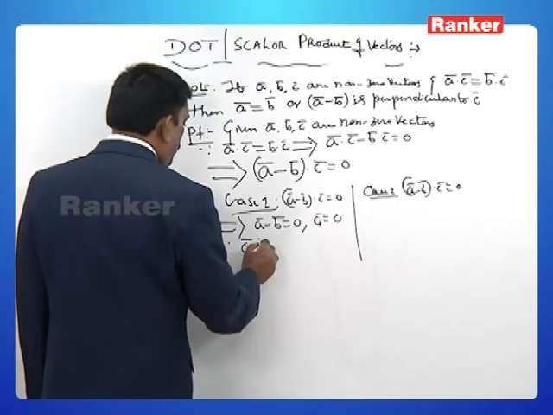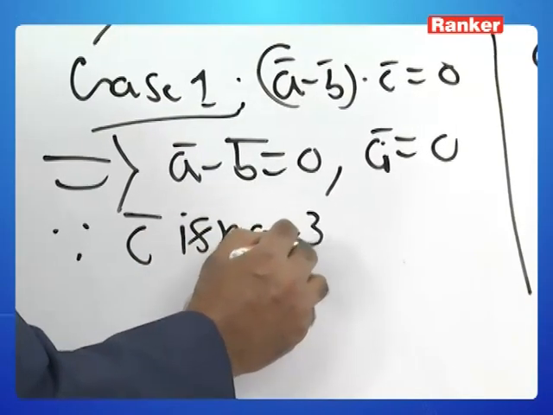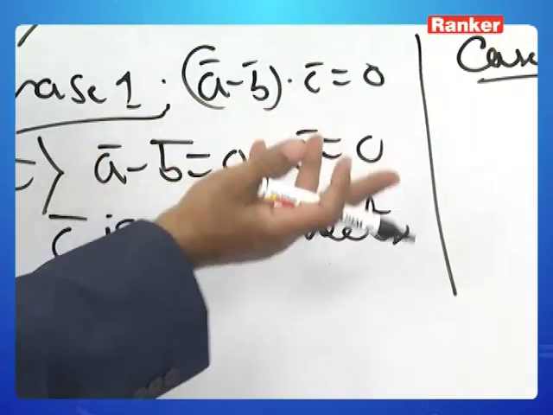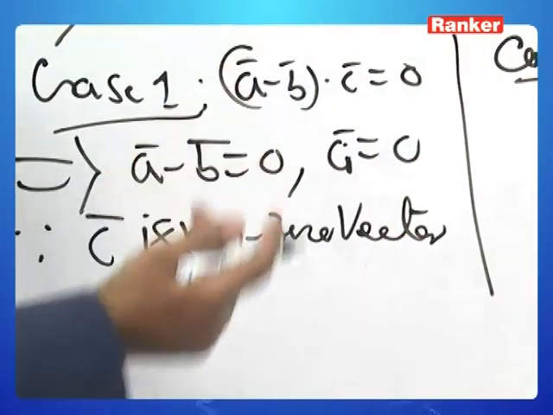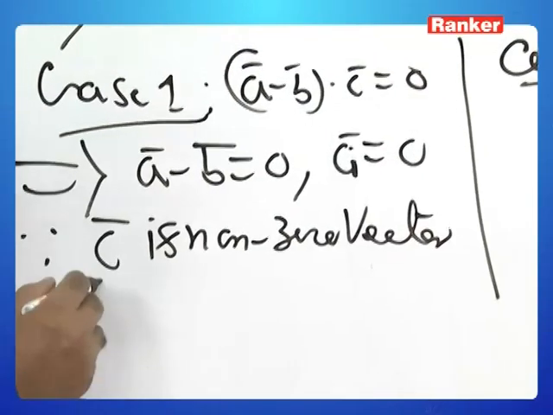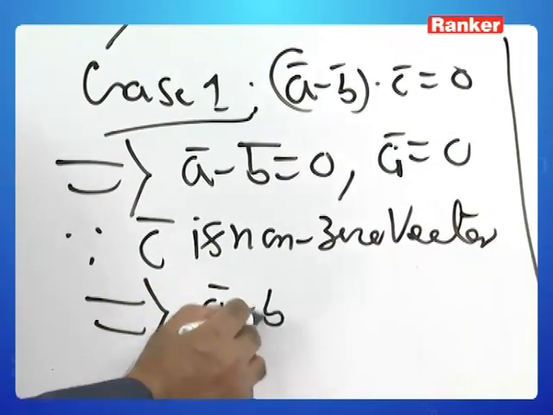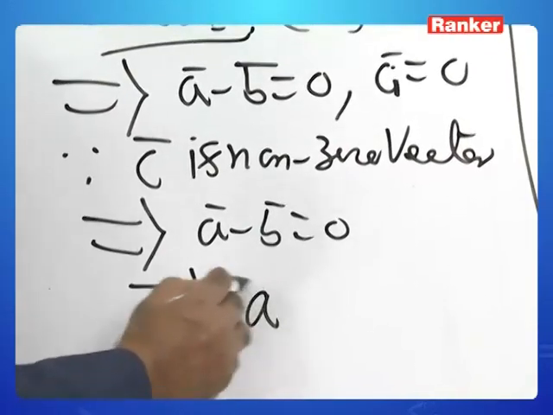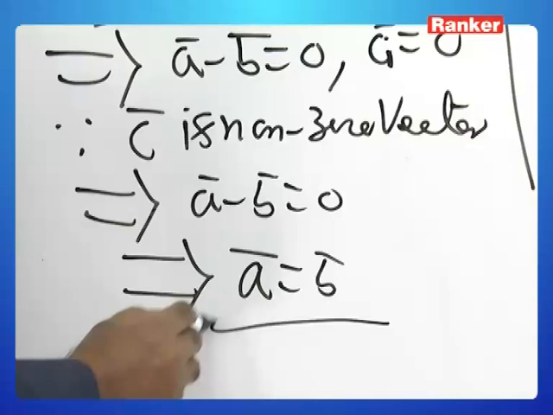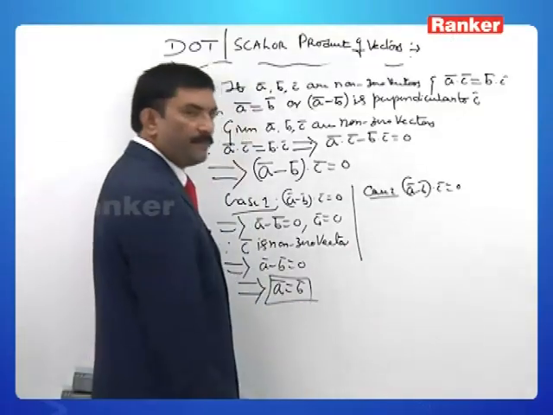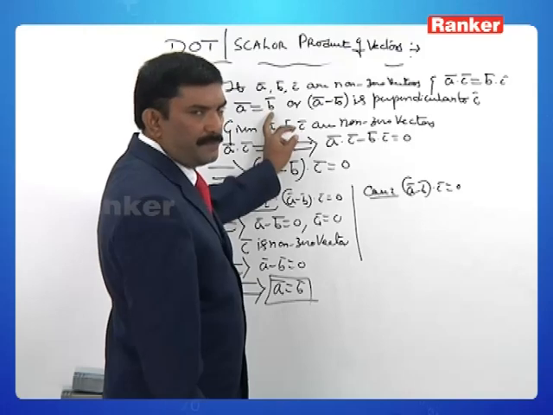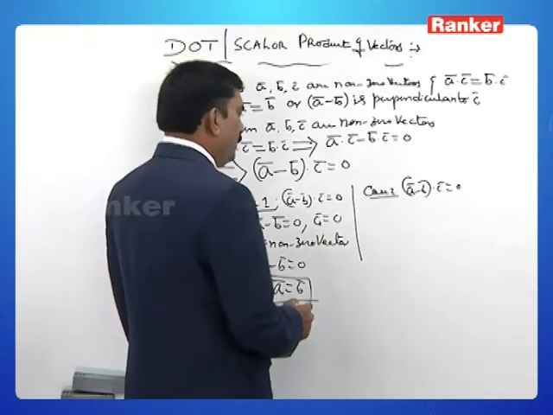Since C bar is a non-zero vector, A bar minus B bar must be the zero vector, which implies A minus B is equal to 0, A bar is equal to B bar. Followed? We arrived at this condition.